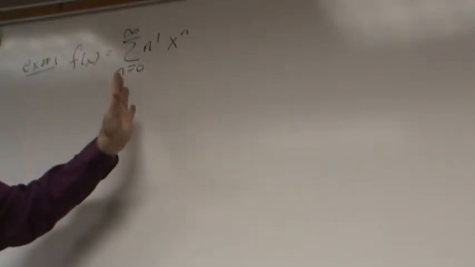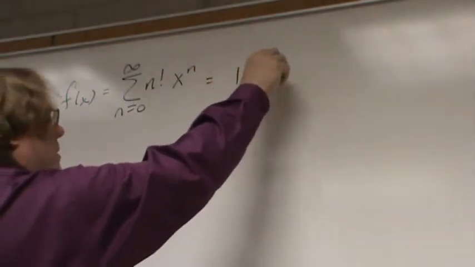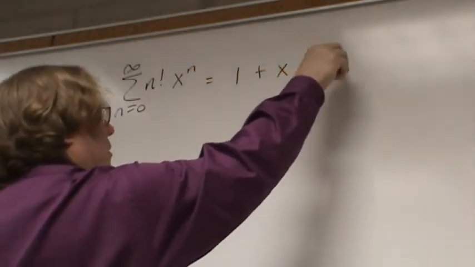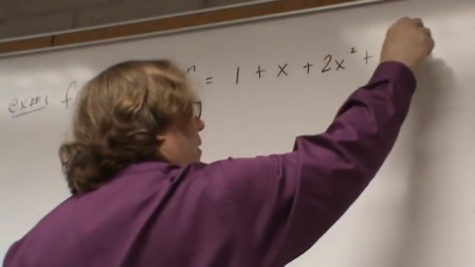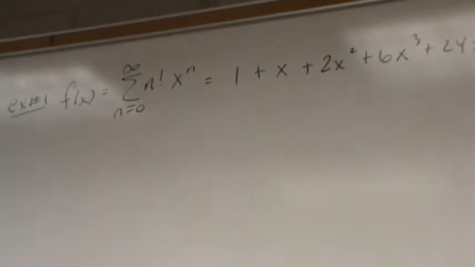So don't be giving me 2 factorial, 3 factorial in the denominators. Don't be giving me f prime, f double prime, f triple prime, because that's not what this is. This is a completely different scenario. If I plug in, I've got 1 plus x plus 2x squared plus 6x to the third plus 24x to the fourth plus and so on. That's what that series looks like.